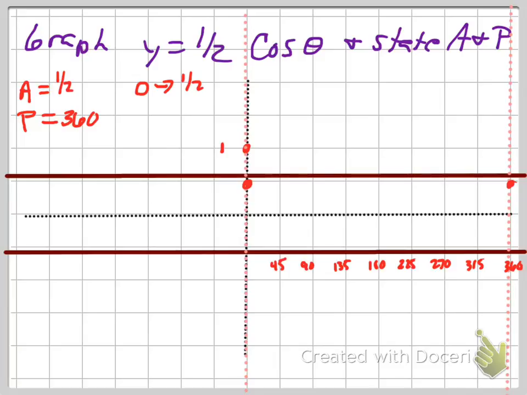Okay, so let's think. What is our dolphin going to be doing at 180 degrees, you think? At the bottom. He's got to get to the bottom sometime. So he's probably going to be at the bottom, as far away from being at the top as possible.